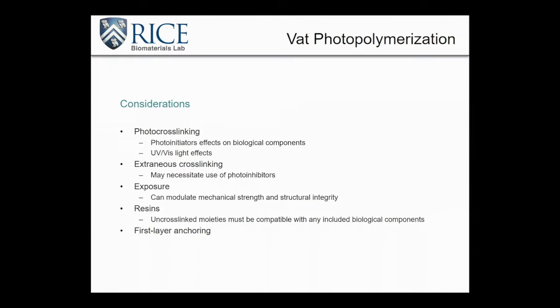We also find another problem with Vat photopolymerization is extraneous cross-linking. So once you initiate a radical reaction from a photo cross-linking agent, for example, you might spontaneously set off this unintended reaction where you start curing the materials around that single point that you initially intended to cross-link.